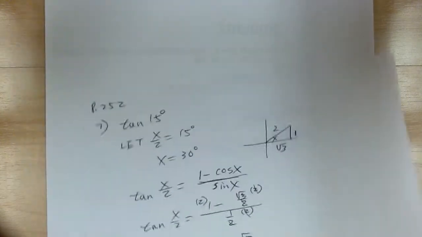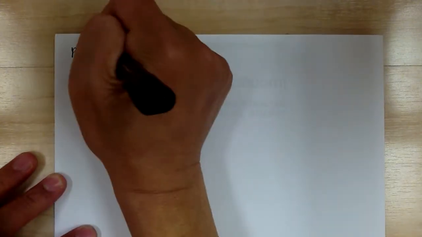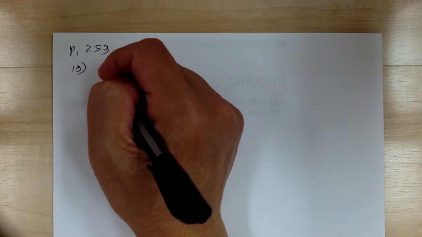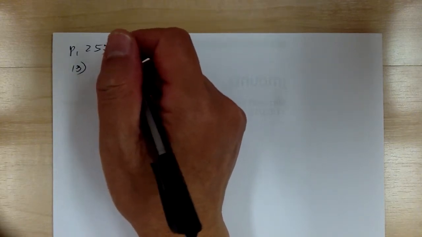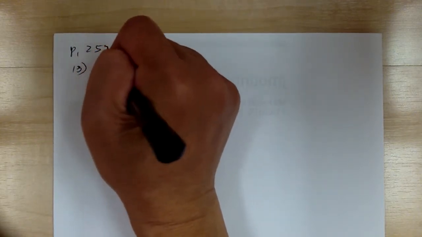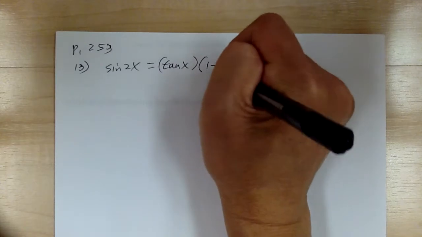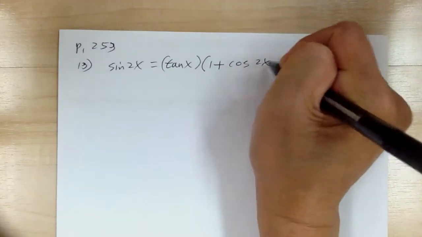Okay, let's go to number 13. Okay, number 13, you want to verify the identity. So you got sine of 2x equal to tangent of x times 1 plus cosine of 2x.